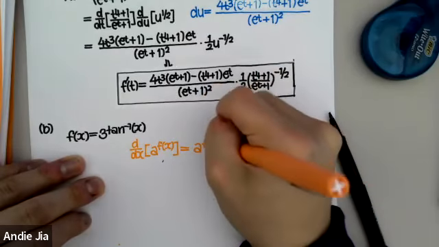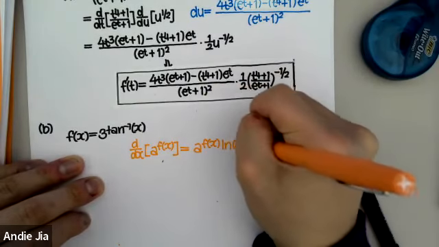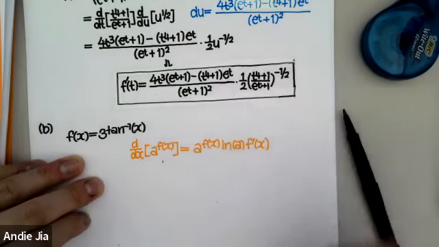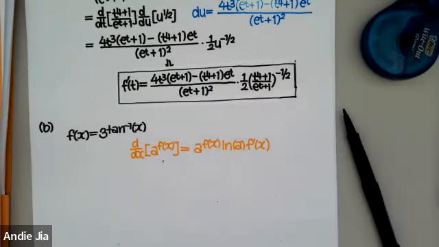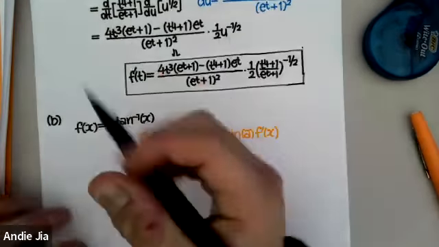It'll be the natural log of a, then f prime of x. To remember this just makes life easier. Otherwise, you're going to find, okay, what the hell am I going to use, right? And now, okay, you find a formula, you find an equation here, then just plug the chart there.